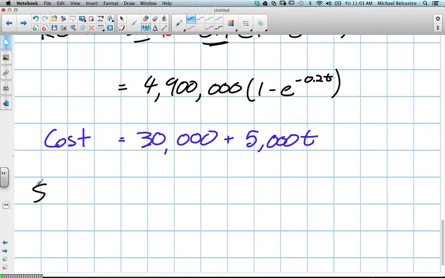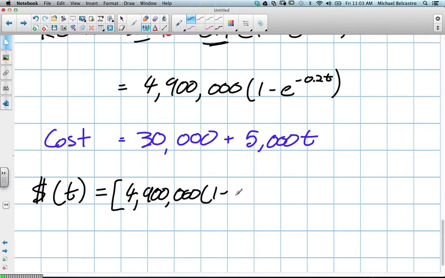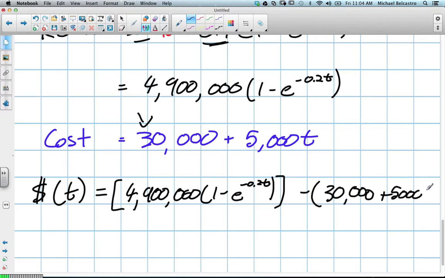This means our profit in terms of t is equal to the revenue function, which is 4,900,000 times our percentage, which is 1 minus e to the power of negative 0.2t. And then we'll have to subtract our cost, so minus the quantity 30,000 plus 5,000t.